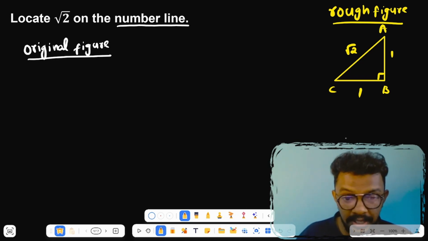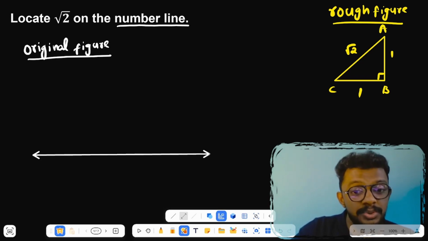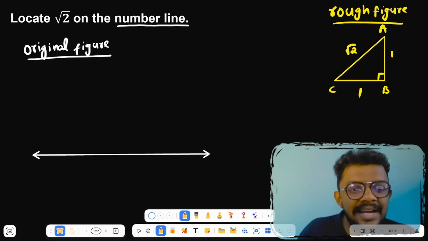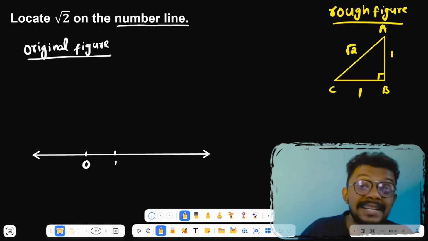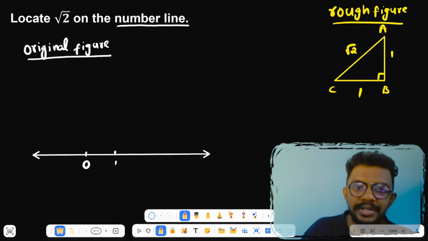How can I draw a number line? A number line is a line like this. It is moving right toward infinity, moving left toward infinity. It's never ending. Somewhere we represent 0, and somewhere to the right of it, we represent 1. If we represent 0 and 1, then the distance between them is called 1 unit.